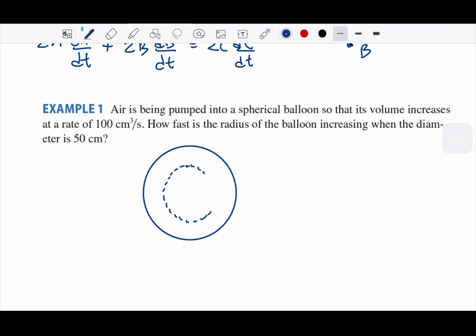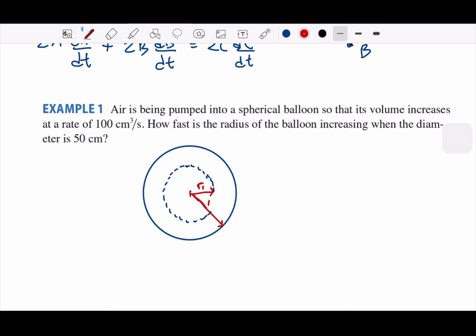So this is the initial condition. It has some R, right? And it increases with some R plus, let's say, dr, or maybe let me just write with some terms.